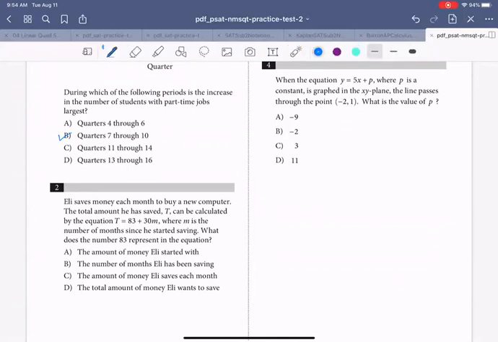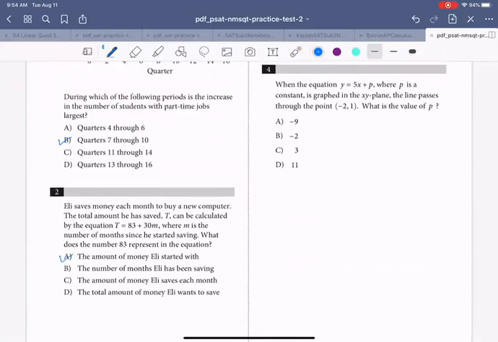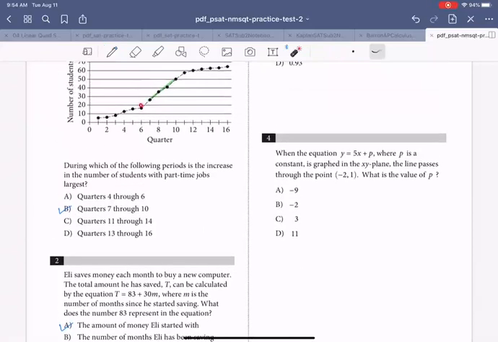So 83 equals what? A, the mounting. Yes, initial value, very good. So we can summarize the things we learned in Algebra 1. This one is an Algebra 1 question, right?